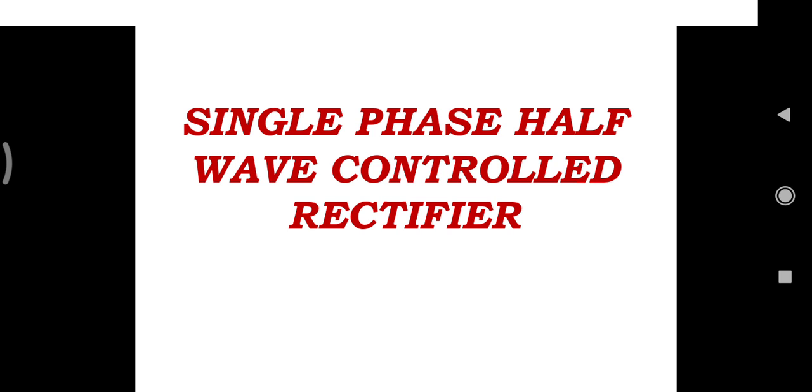Here we have two types of rectifiers: one is controlled rectifier and the second one is uncontrolled rectifier. Controlled rectifier means we can control the output of the device. In a controlled rectifier we use SCRs, but in an uncontrolled rectifier we use diodes. Uncontrolled itself indicates there is no control of the output.